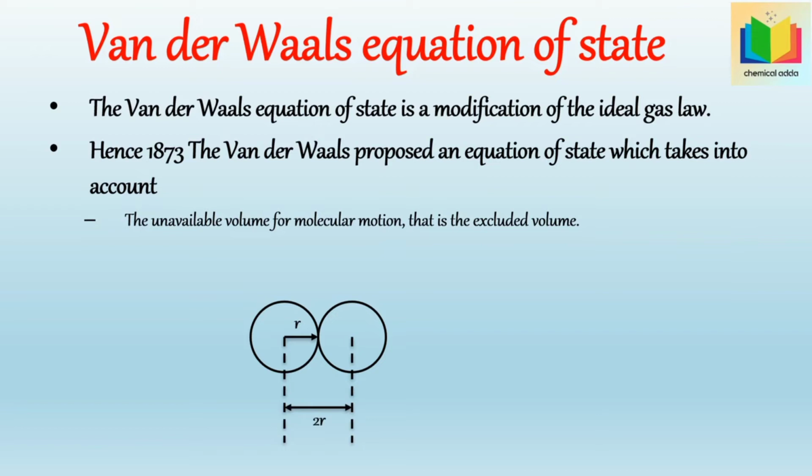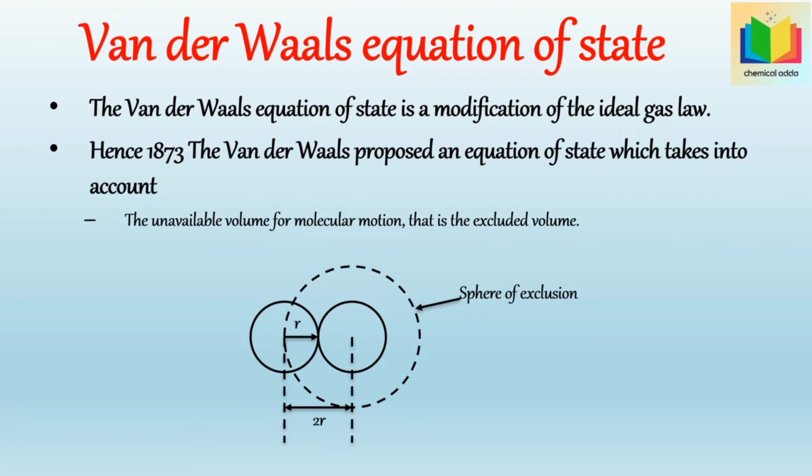Therefore, a molecule cannot reach the other molecules such that its center lies within a distance of twice r from the center of the other molecule. Hence, the center of a molecule is excluded, that is unavailable, from a spherical region, which is called the sphere of exclusion, of radius twice r from other molecules.